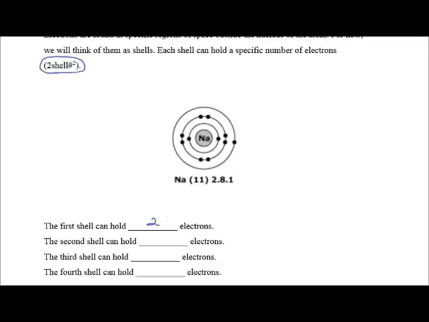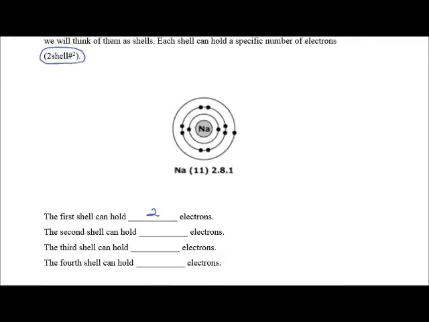The first shell can hold 2 electrons. The second shell, so 2 squared is 4 times 2, can hold 8 electrons. The third shell, 3 squared is 9 times 2, can hold 18 electrons.